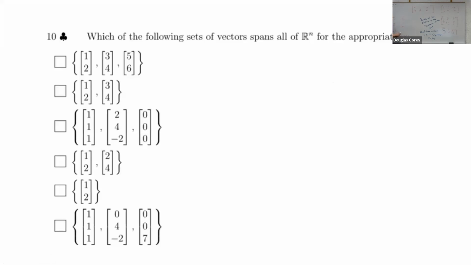Right, because if you put it in 1, 1, 1, 0, 4, -2, 0, 0, 7, then you can start doing your elementary row operations, and move that one up. And no, we're still missing something, right? Yeah.